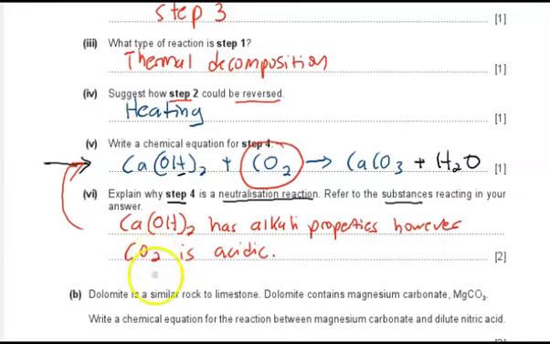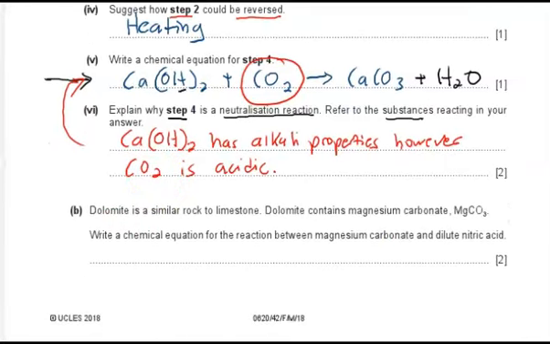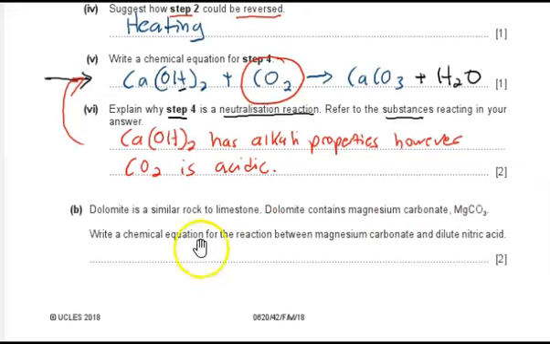Now let us move to the next question here. Dolomite is a similar rock to limestone. Dolomite contains magnesium carbonate. Write a chemical equation for the reaction between magnesium carbonate and dilute nitric acid.